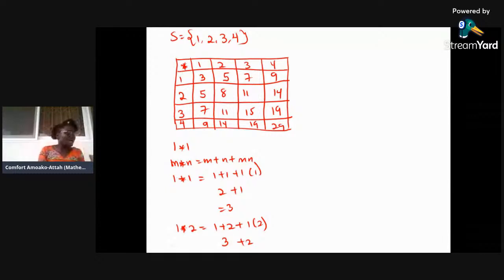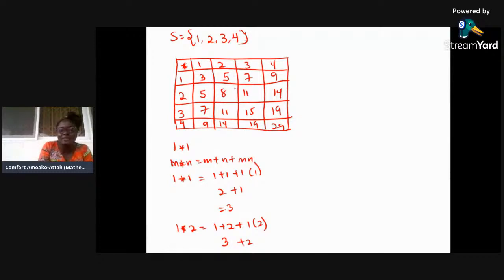All right, so that is our question. And the question under it says, is the set closed under the operation? So let's study our table. Is our set closed under the operation? What can we say about this? No, because we have some values that are not found in the set.